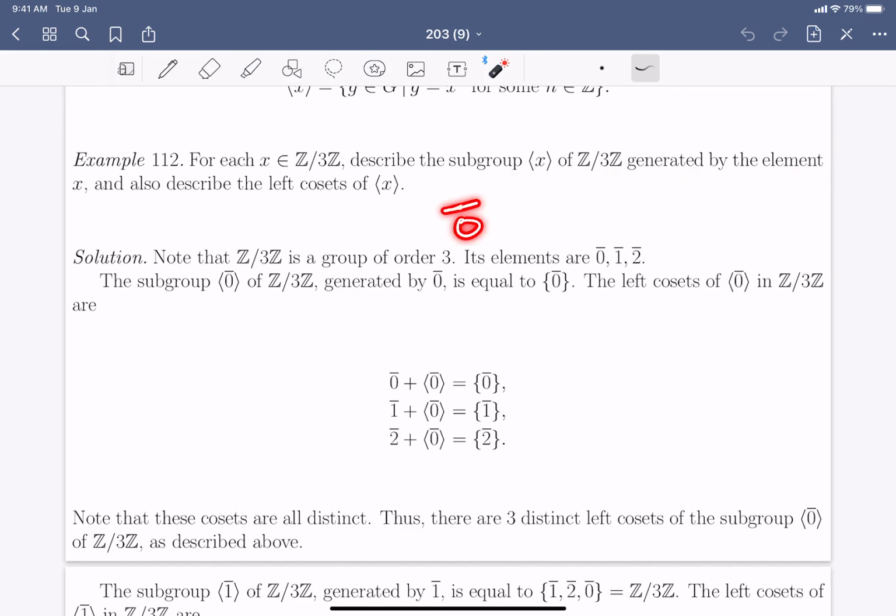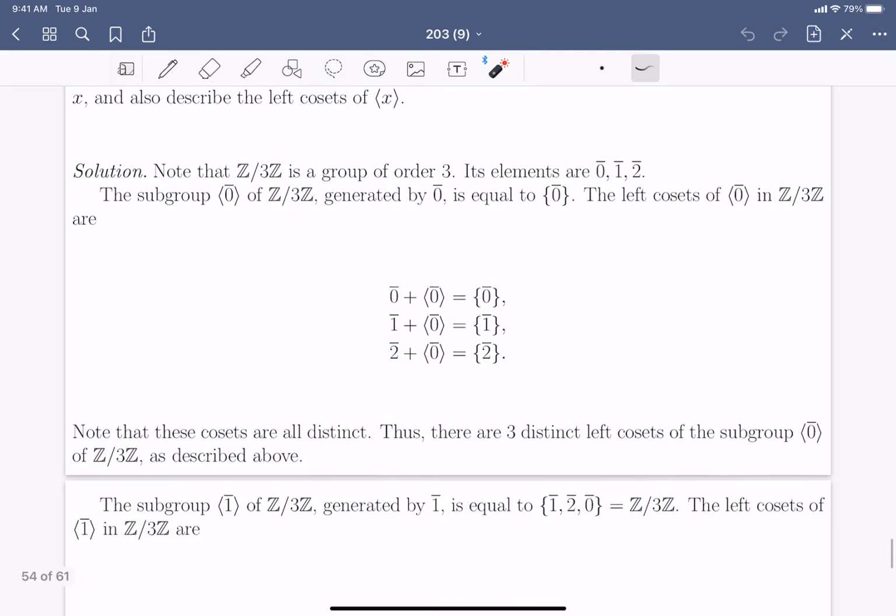You can go through the definition of g power n to see that the subgroup of Z mod 3Z generated by 0 bar, written within angle brackets, is equal to the singleton set consisting of the element 0 bar only.